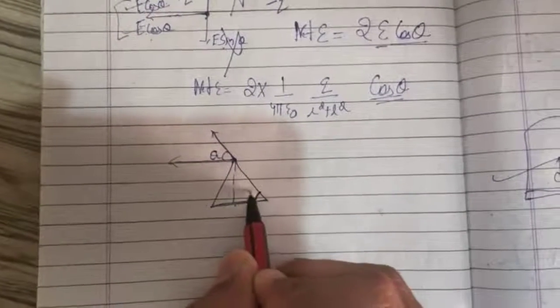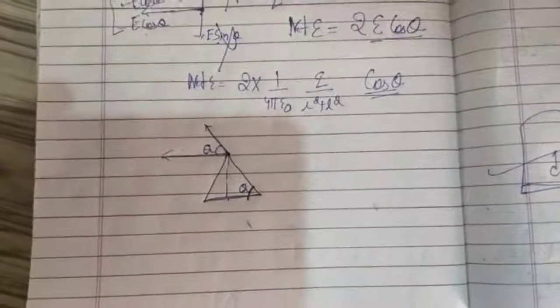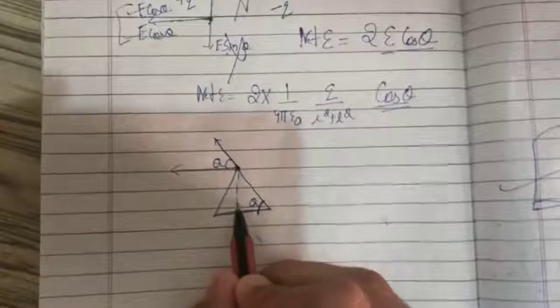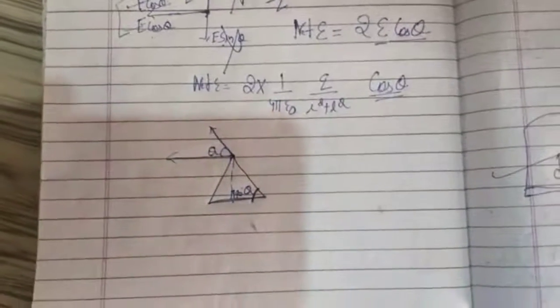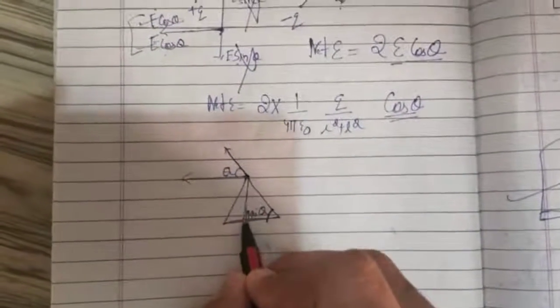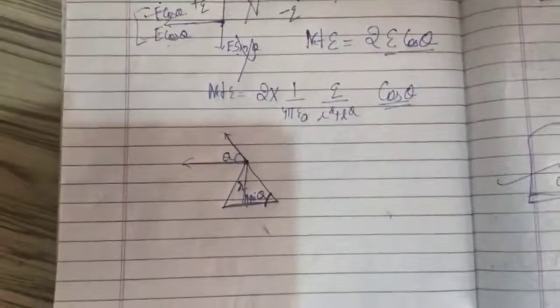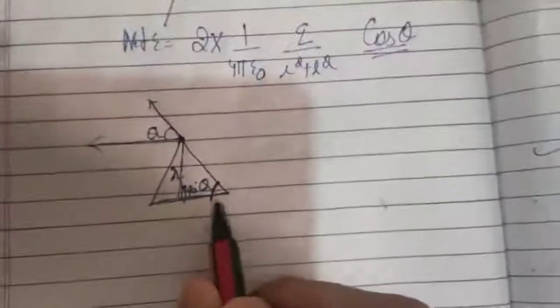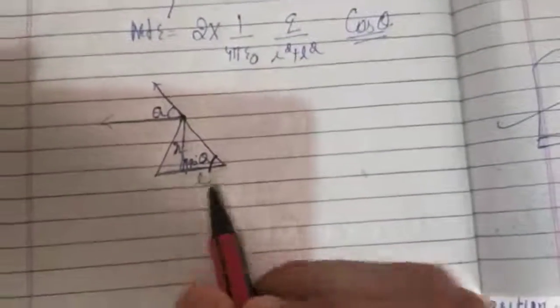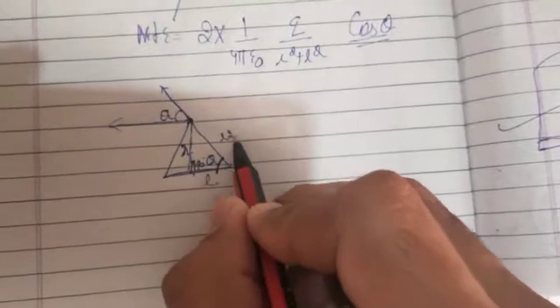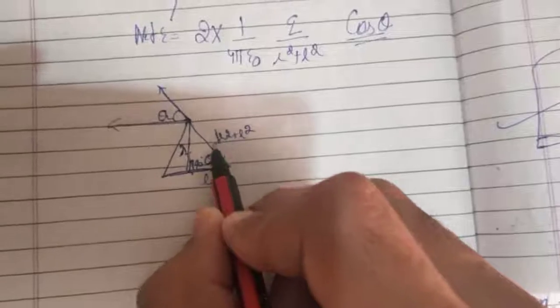Corresponding angle, it is theta. So this is 90 degree. This is R, and this is L. And what is the value of this? Under root R square plus L square.